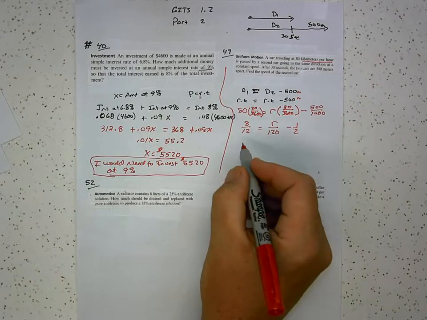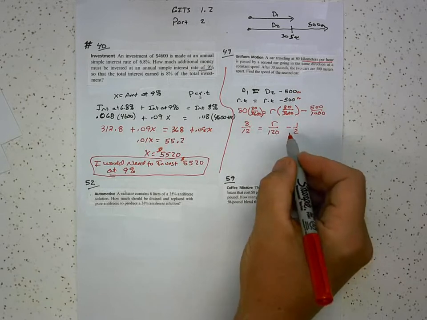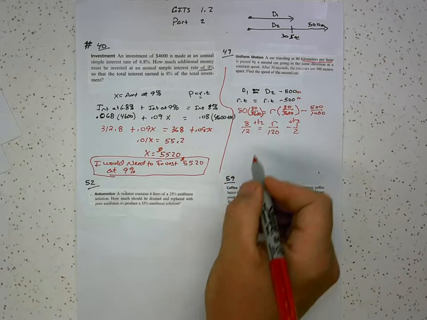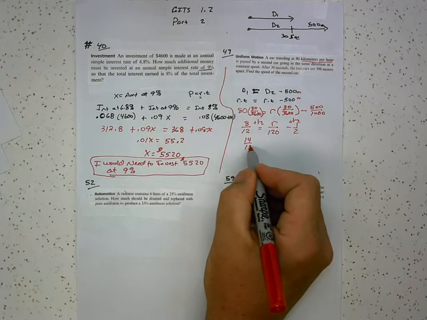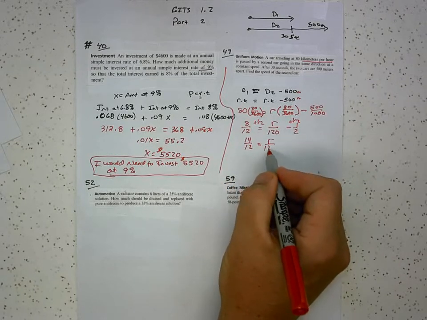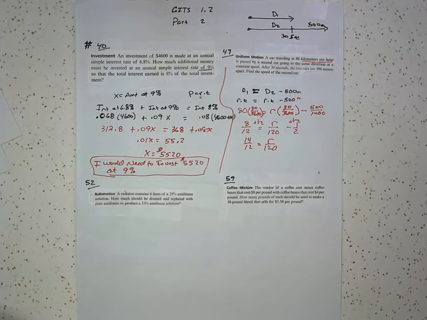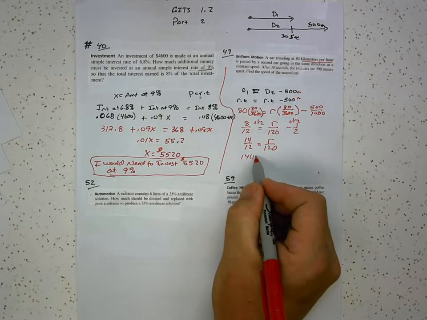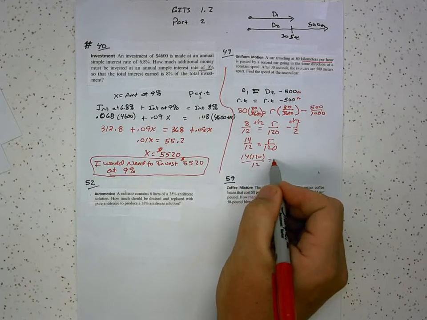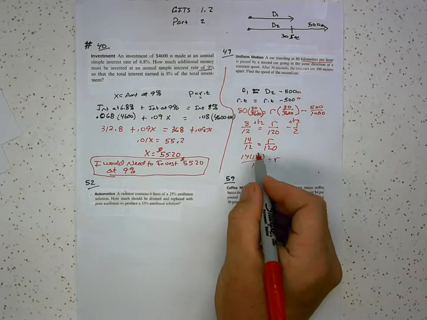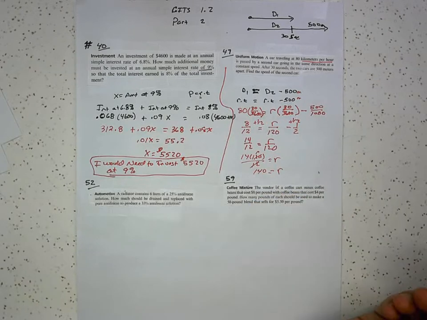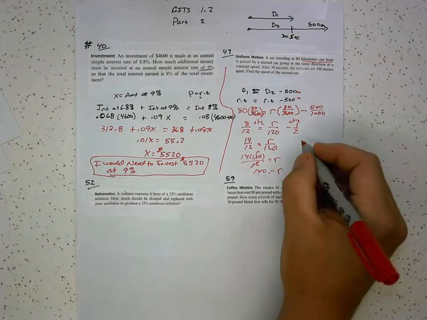I'm going to add 1/2 to both sides, which is 6/12, so this is 14/12 then, equals R over 120. Multiply both sides by 120. Can cancel a 12 off, which gives me a 10. So therefore, the second car was going 140 kilometers an hour.